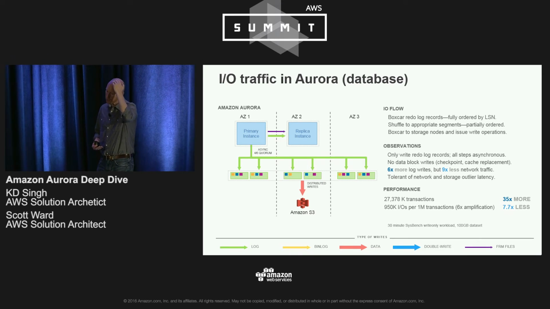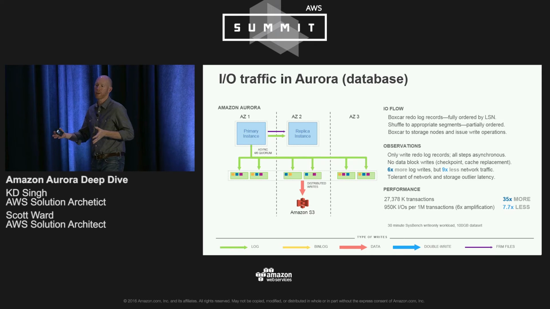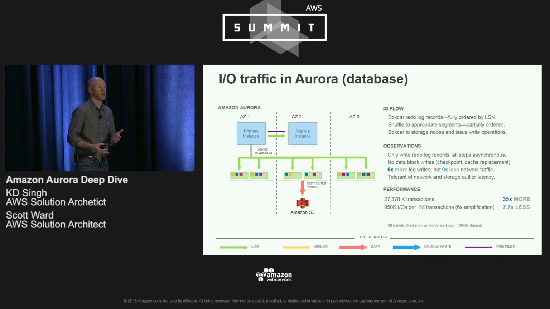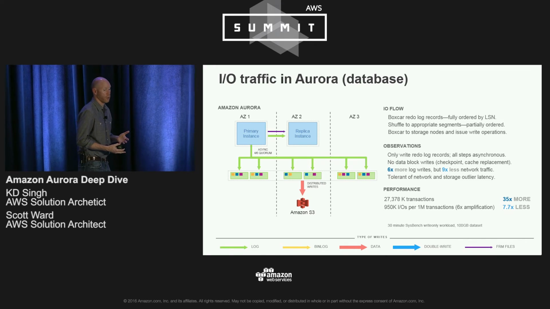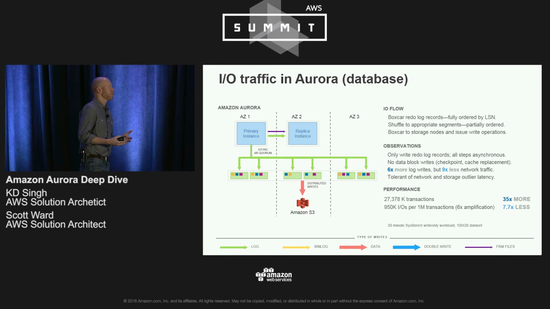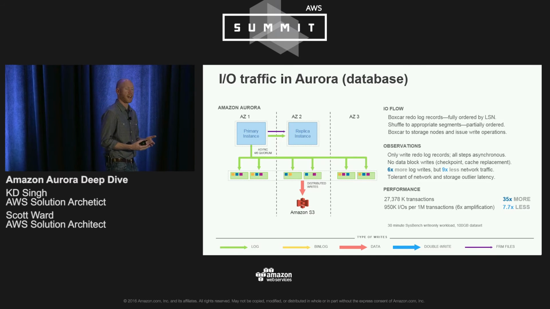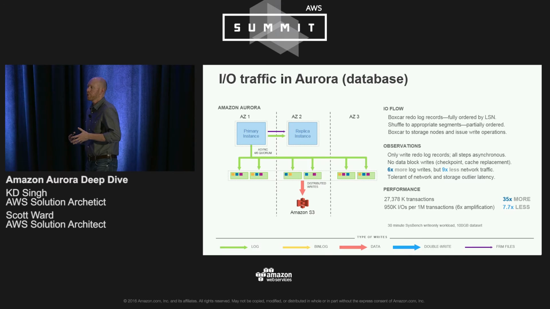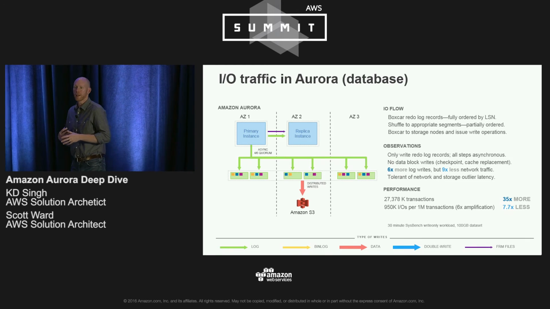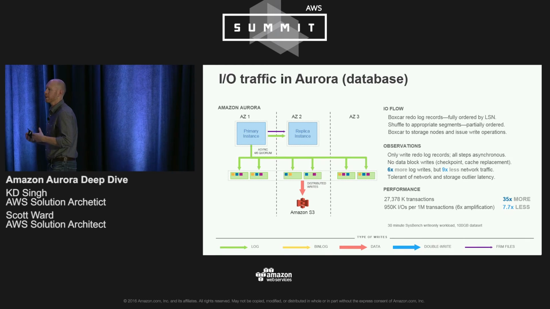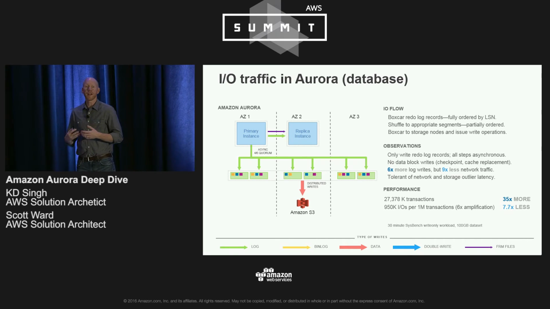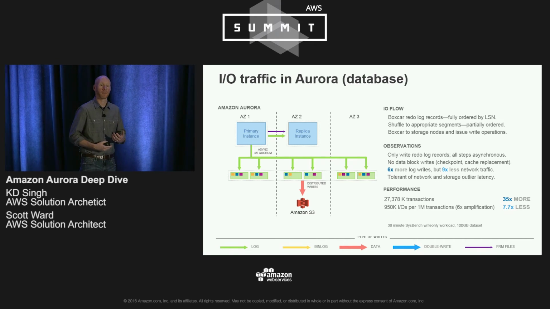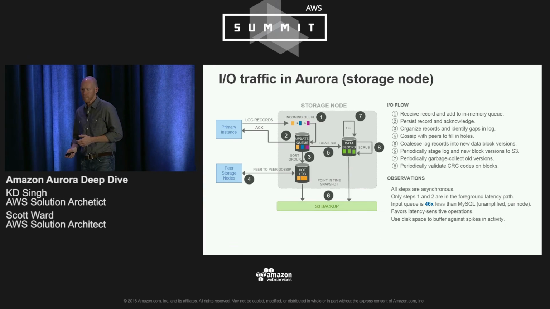Now that has 6 times amplification, so it's covering all 6 of the storage nodes. If you broke that down, it's about 158,000 read-write operations per storage node. So that's just a little over 7.5 times less than what it took from a MySQL standpoint. So with Aurora, the way it's configured and the amount of I/O that it's able to save, it's able to do more, because in the background it's doing a lot less from an I/O standpoint.